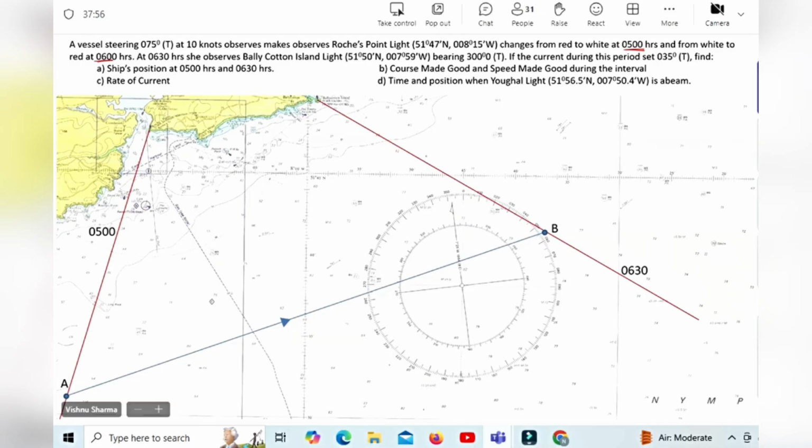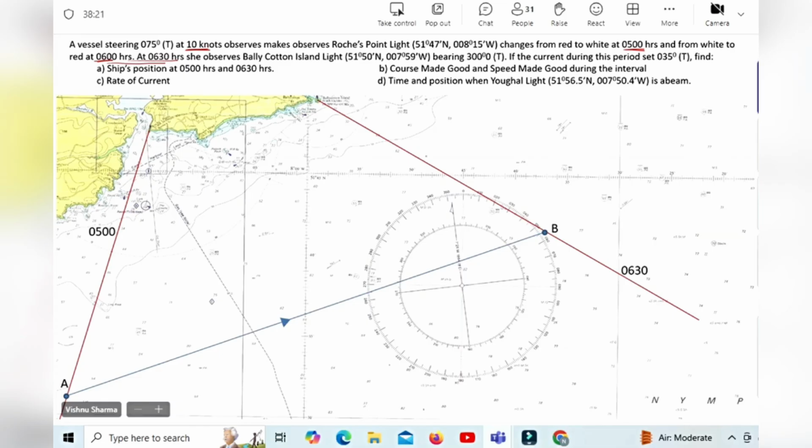And interval between second and the third PL is half an hour, 6 o'clock and 6:30. So you will find out how much will be the engine distance done in the interval between first and second PL. It's 1 hour. Engine speed is 10 knots. So engine distance will be 10 miles.